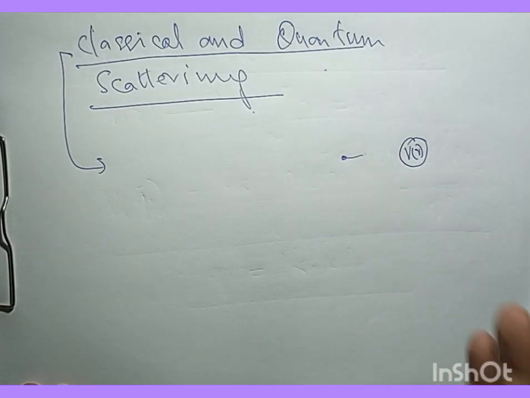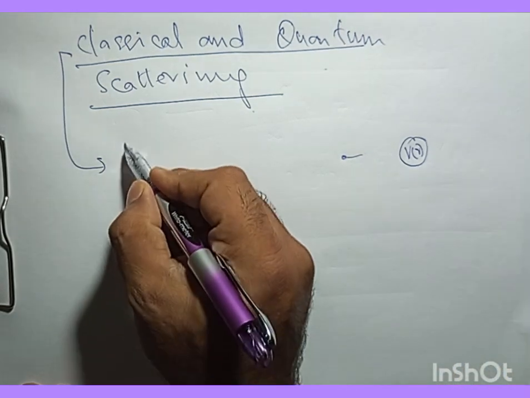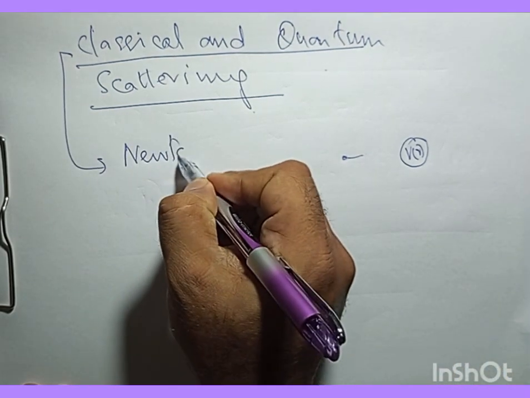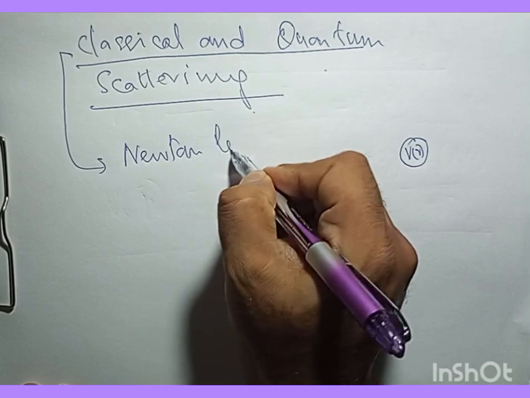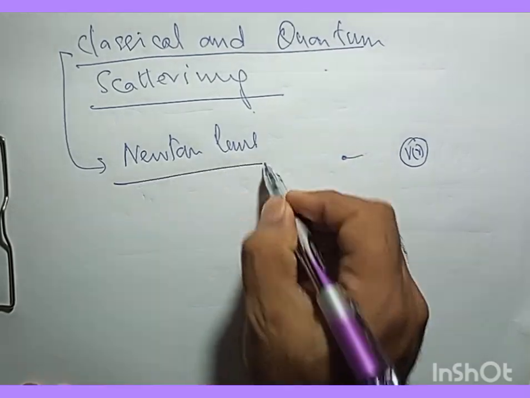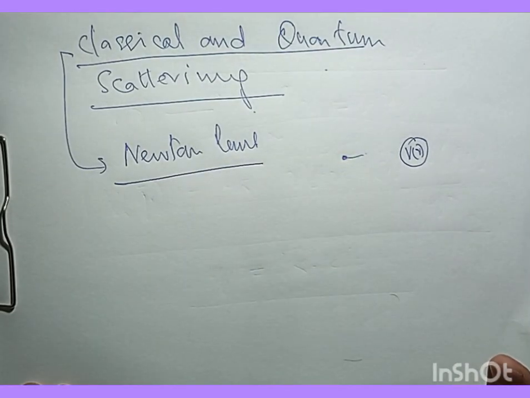And the motion of the particle in this case is purely governed by Newton's laws. So the point is that we have trajectories here, and the projectile comes and interacts with the potential.